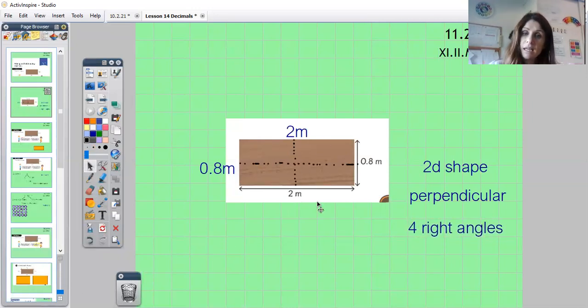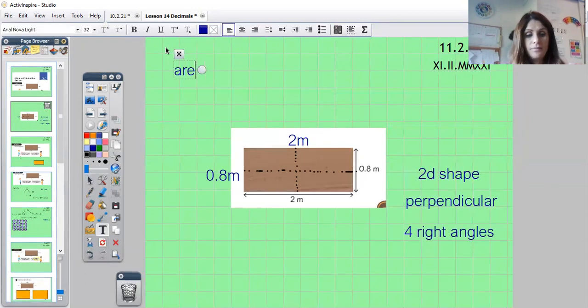So let's come back to thinking about our adding and subtracting of our decimals then. Well, we might ask the question, if I need to find out the area of my piece of wood, say I'm trying to figure out the area, this is a table and I'm trying to find out the area of it. I wonder if anyone remembers how we find area.